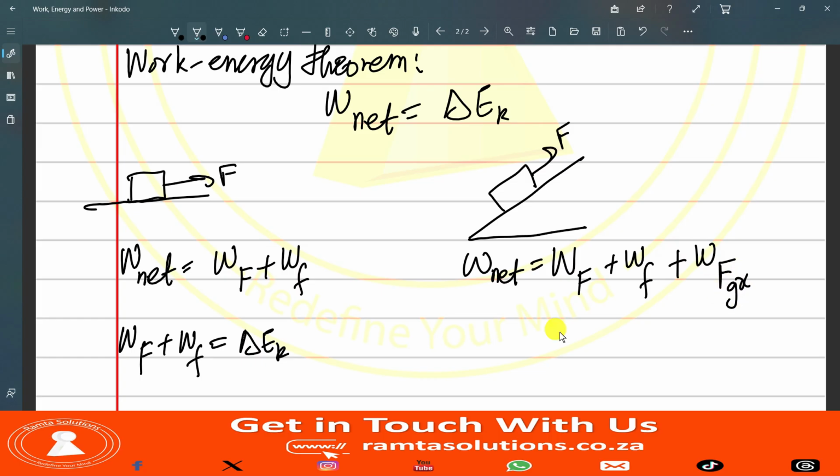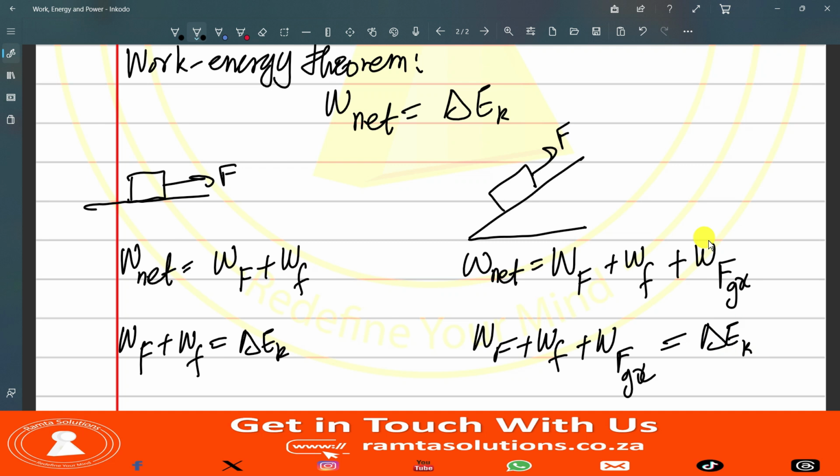So these terms are your net work. You will then say work done by applied force plus work done by friction plus work done by F sub gx equals change in kinetic energy.